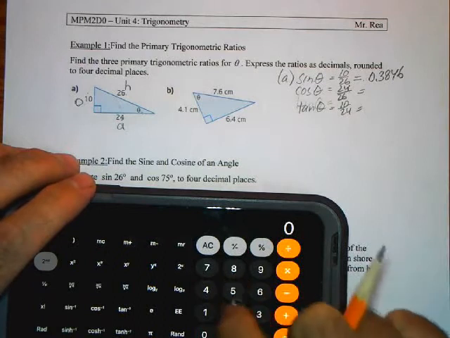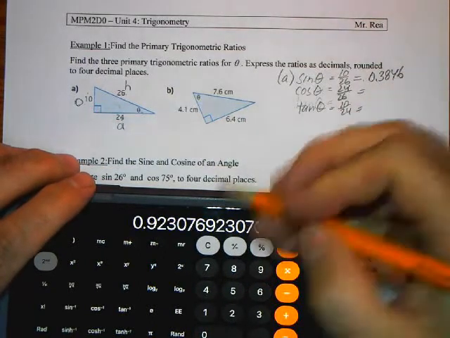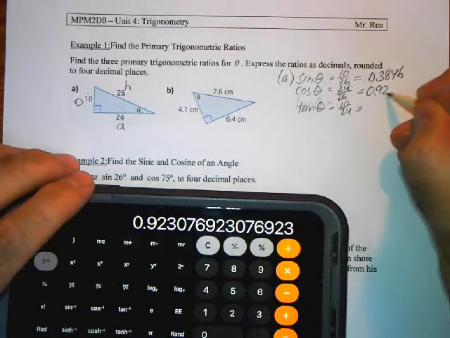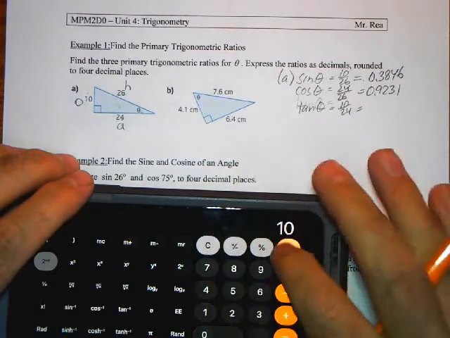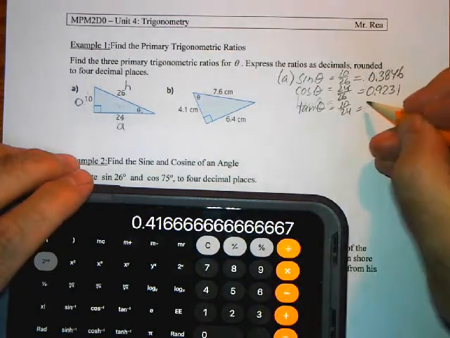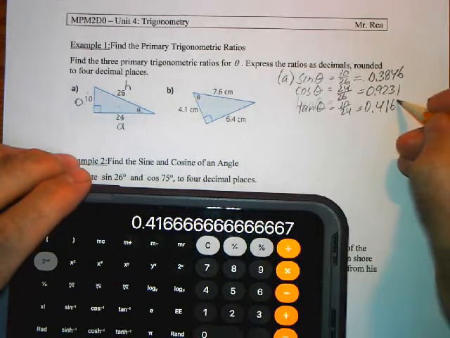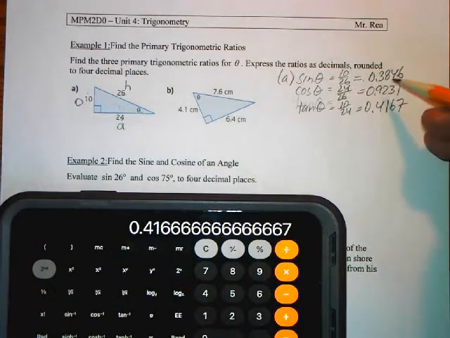The next one, 24 over 26, 0.9231. And then the tan ratio, 10 over 24, 0.4167. Okay, so that's what they're looking for there.